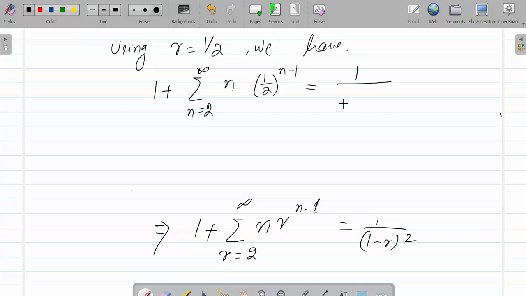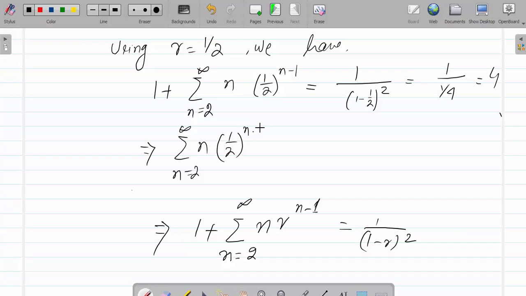This will be equal to 1/(1 - 1/2)², so this will be equal to 1/(1/4), which is 4. So this implies the sum over n equal to 2 to infinity of n into (1/2)^(n-1) equals 4 minus 1, that is equal to 3.